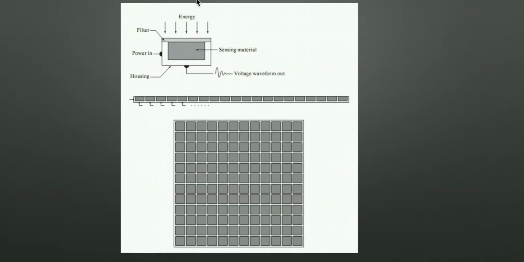So you have energy, that's your light, falling onto this filter. Then there's some sensing material which converts this light energy to some form of digitalized input, like a voltage or a waveform. And then you have some power coming in, and this is just one cell, right? So an image can be represented as an array of these cells.